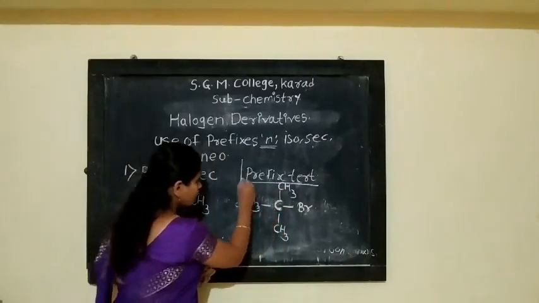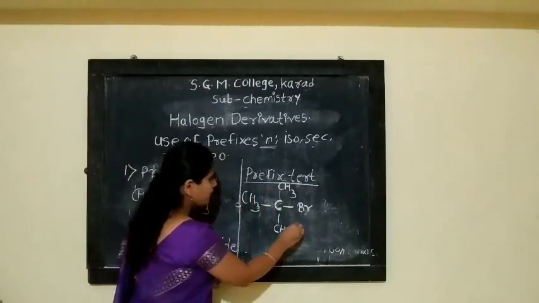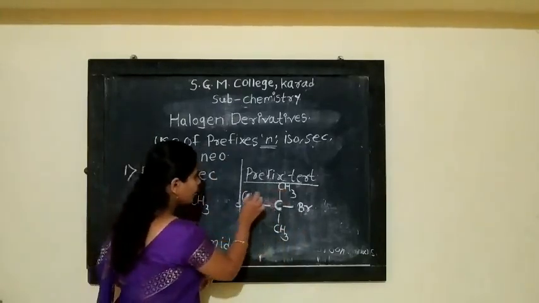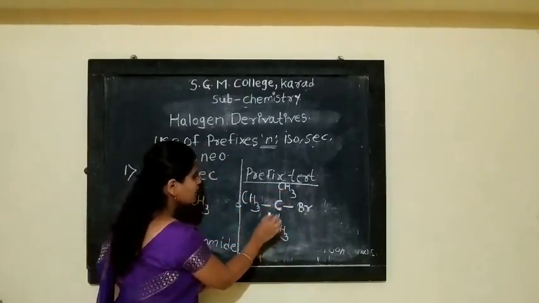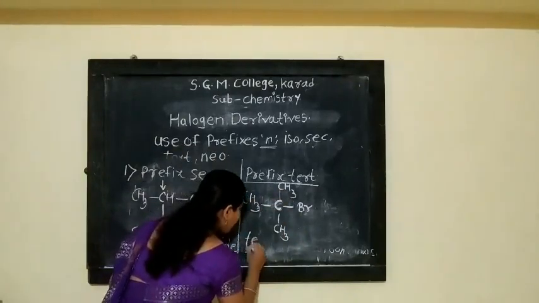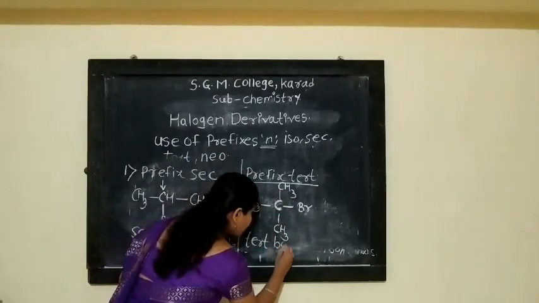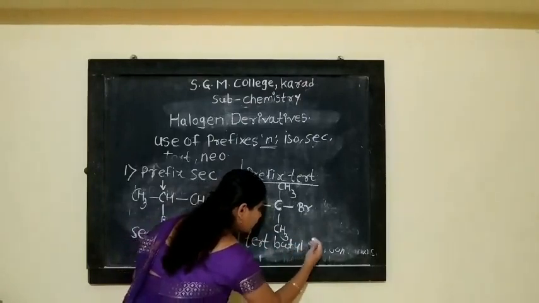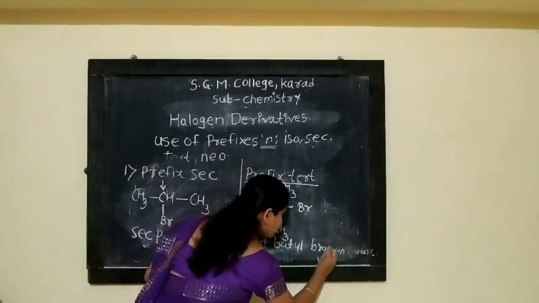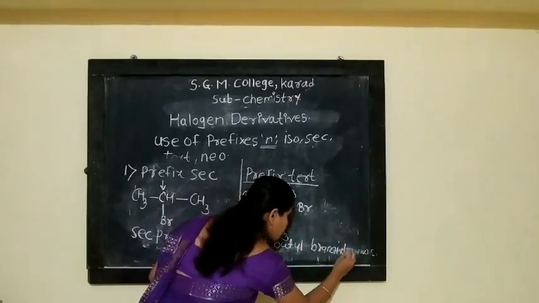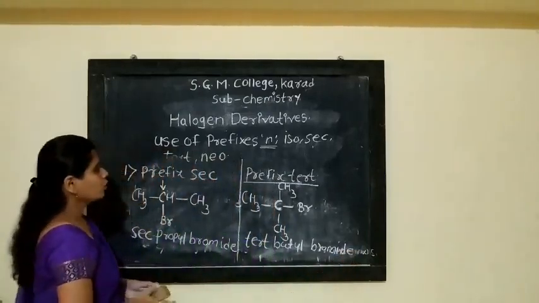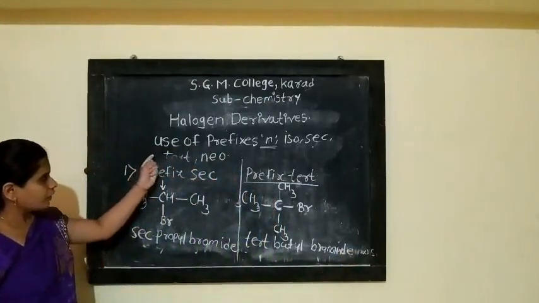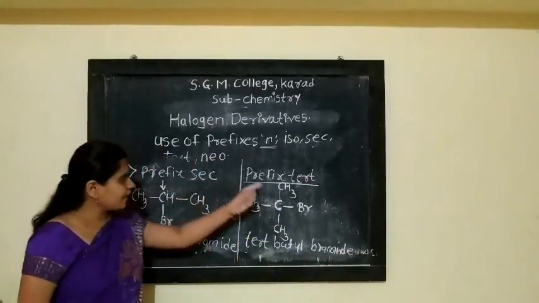So we can use the prefix tertiary here. The number of carbon atoms is 1, 2, 3 and 4. So this is tertiary butyl bromide. So here we use the prefixes like secondary and tertiary.